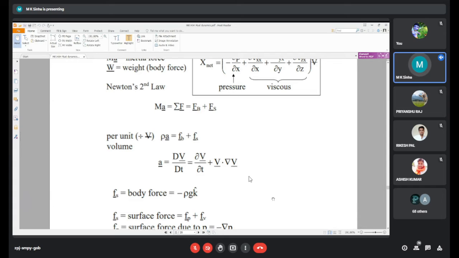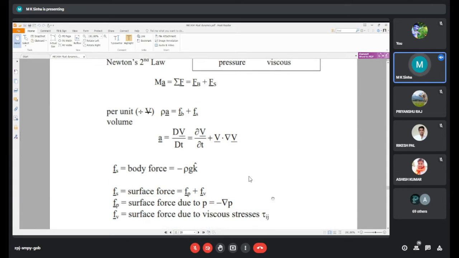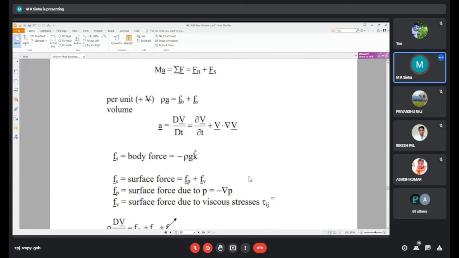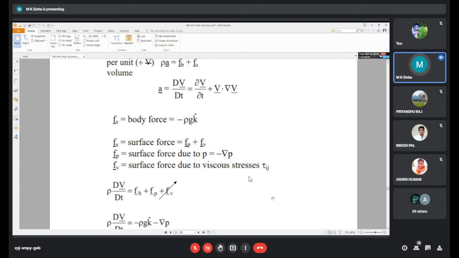The body force is rho g. The surface force is due to the pressure and due to the viscous stresses. These are the forces acting.